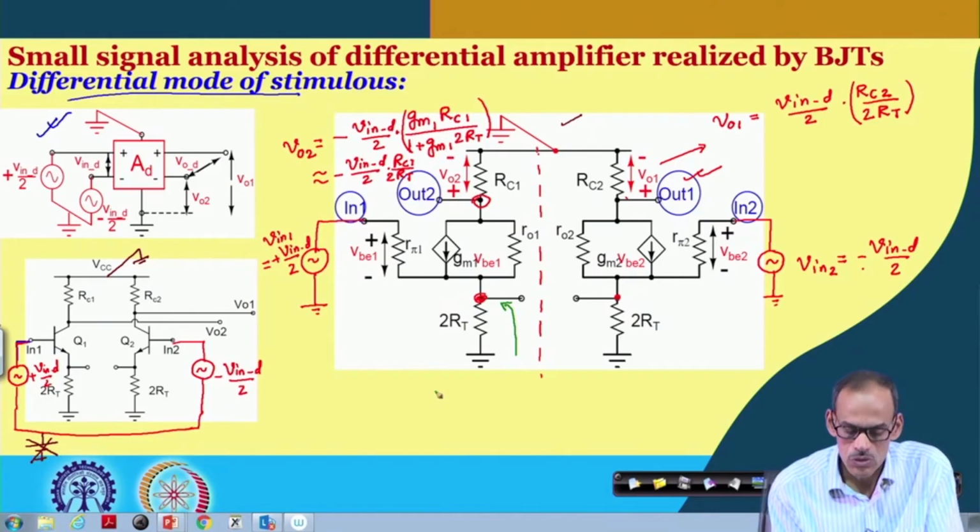So the voltage signal we are getting here, VE1, is approximately equal to whatever voltage we are applying there, namely Vin_d/2, and its Thevenin equivalent resistance is 1/gm1 in parallel with 2RT.